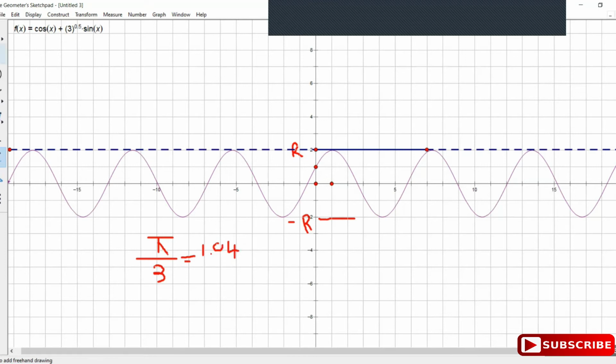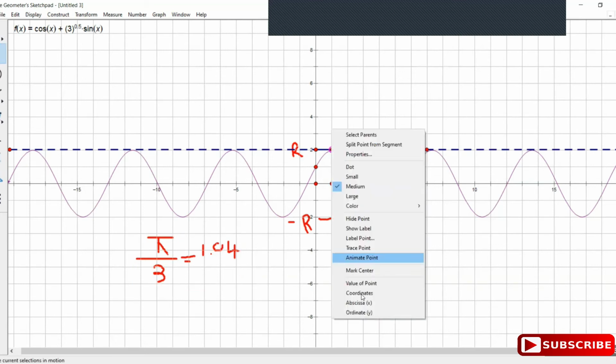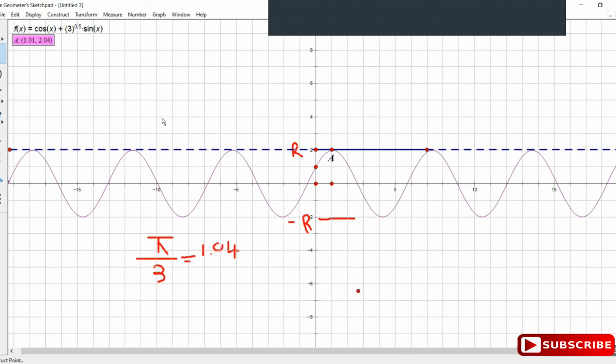So look at this now. The value of x for which a maximum occurs is right here. Let's see what that x value is. So show coordinates. The x coordinate is roughly 1.01, but I didn't put it at the right spot, because R is actually 2.